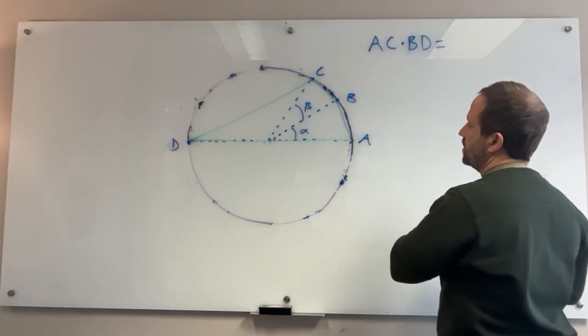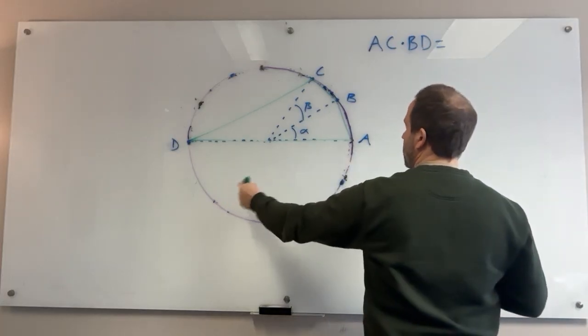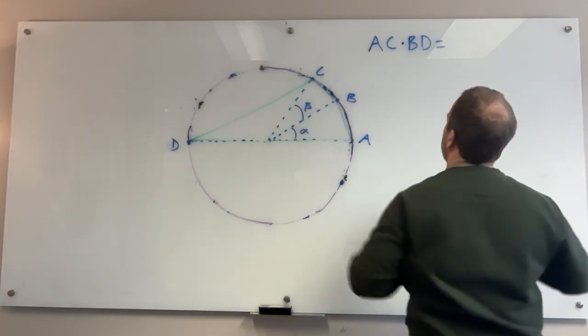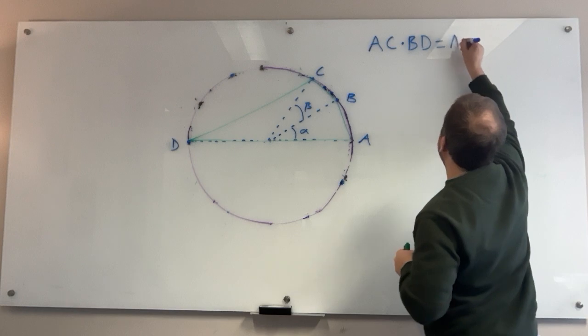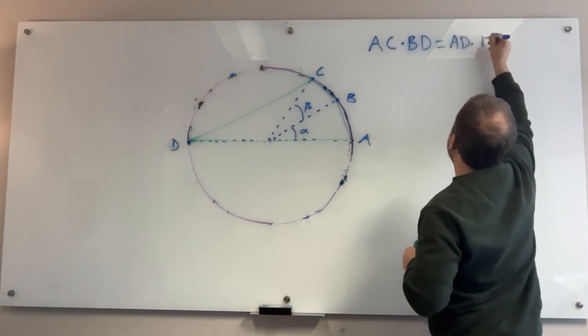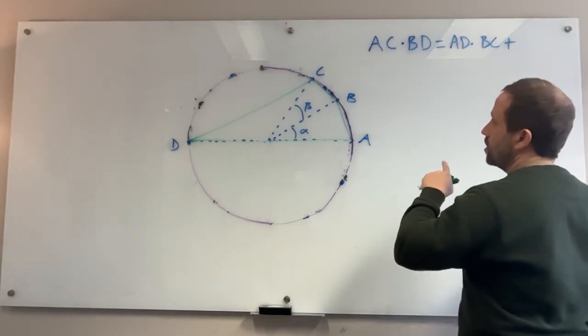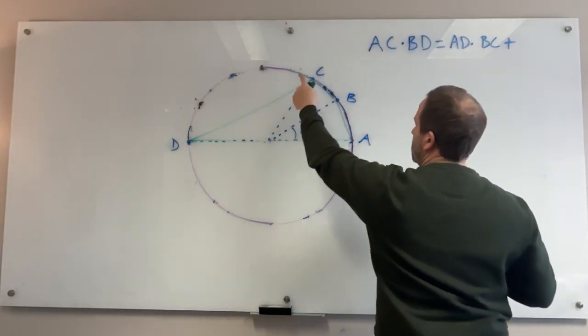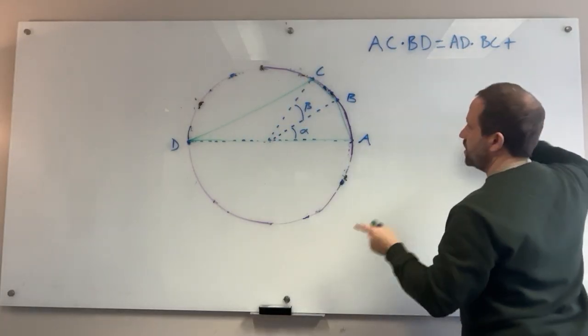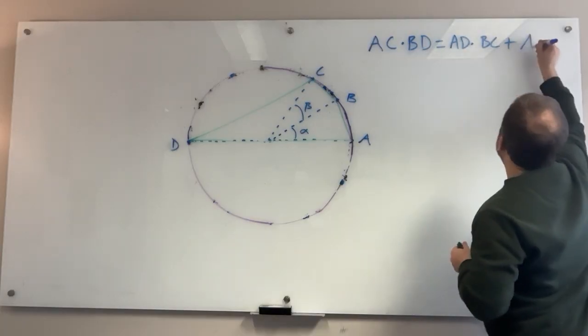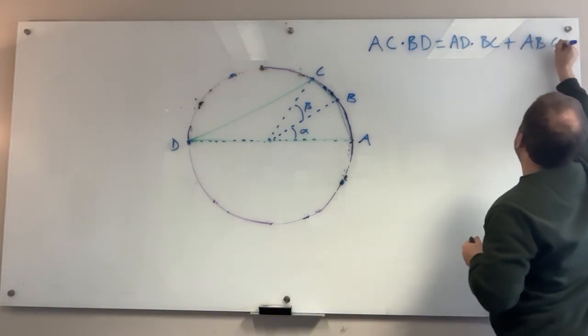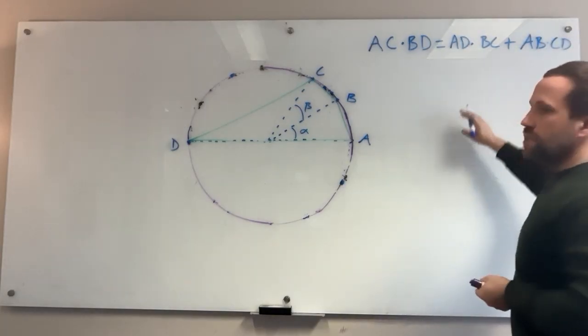So what are the opposite sides here? Well, AD and BC are opposite sides. So this is equal to AD times BC. And then the other opposite sides are going to be CD and AB, or in alphabetical order, AB times CD.